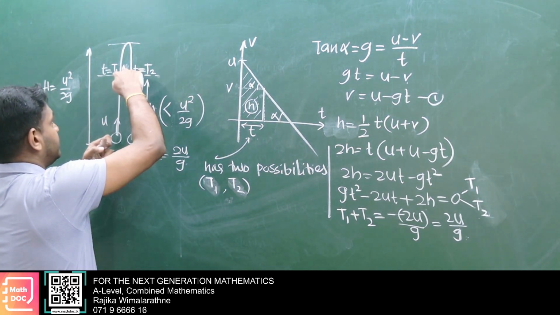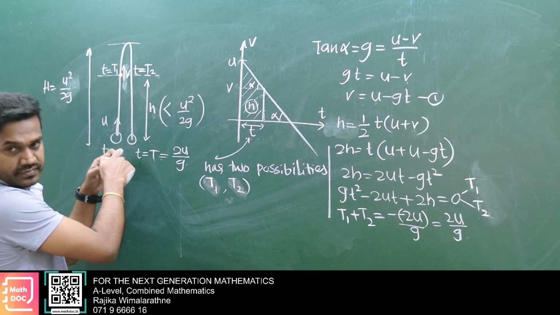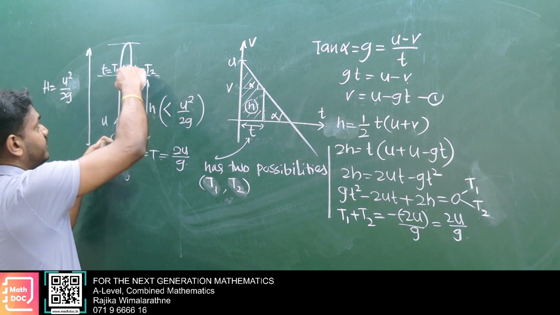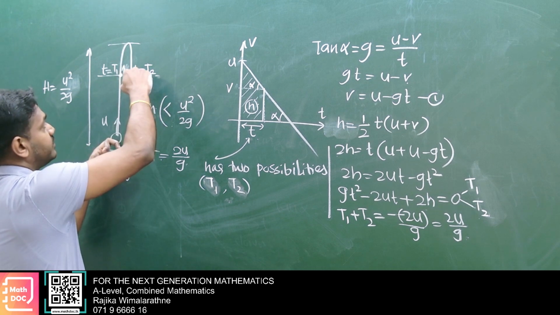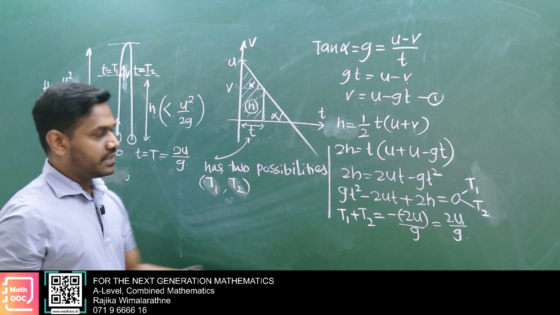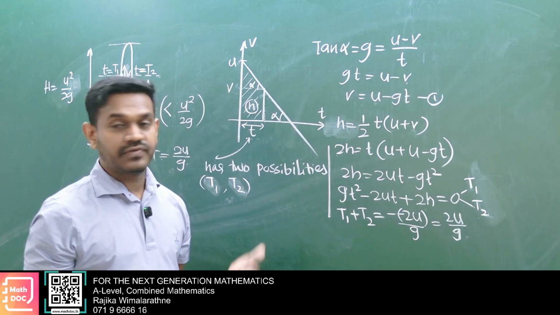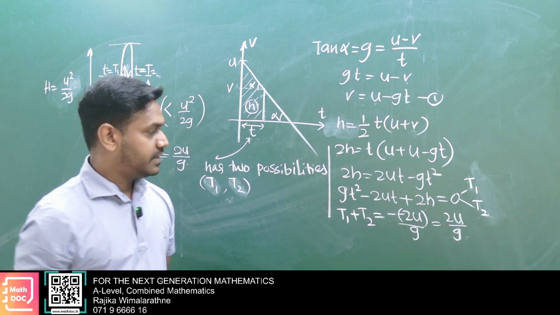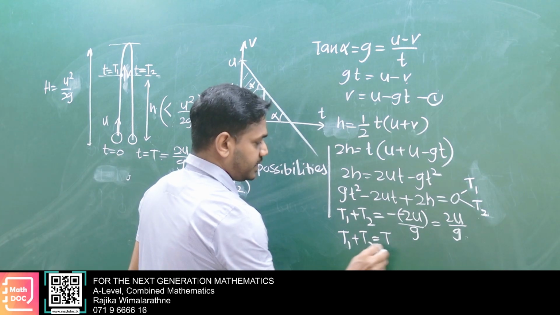Therefore T1 plus T2 represents the total time. T1 is this time, T2 is the total time, and this addition is the full time of flight. So T1 plus T2 always equals the time of flight.